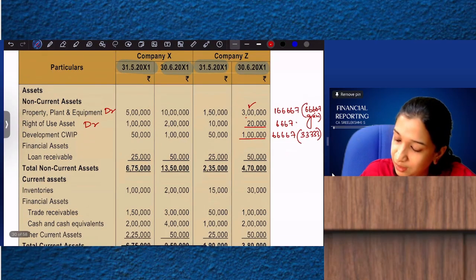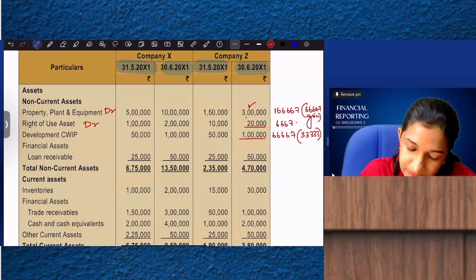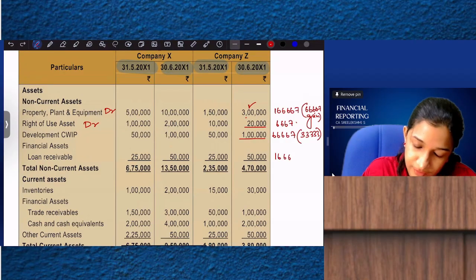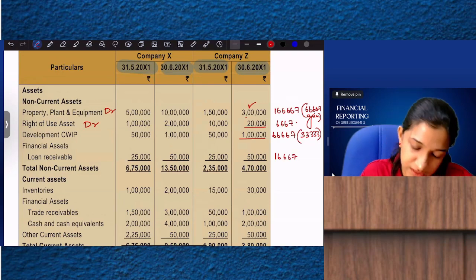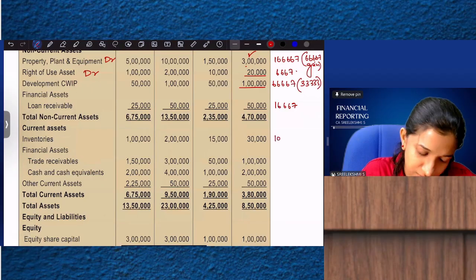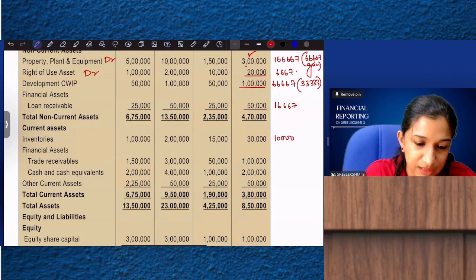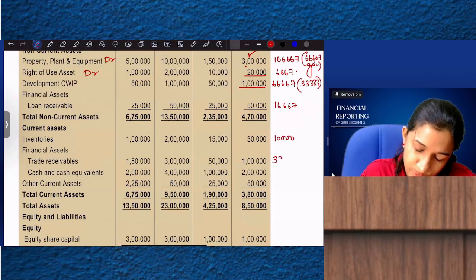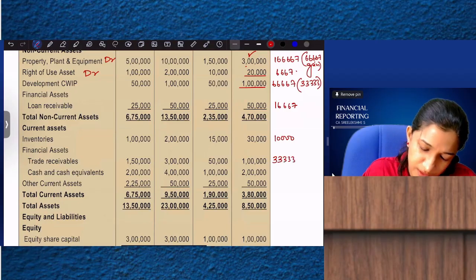Loan receivable 50,000 divided by 3, 16,667 rounding off. Inventories debit 10,000. Trade receivables debit 33,333. There is no revaluation.